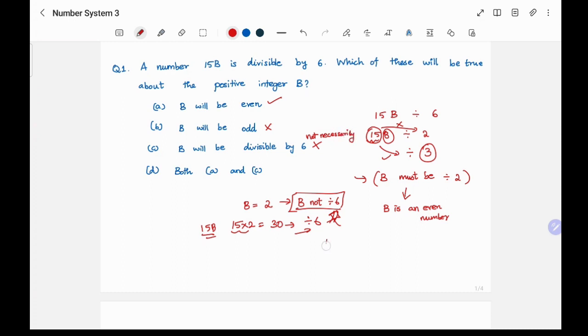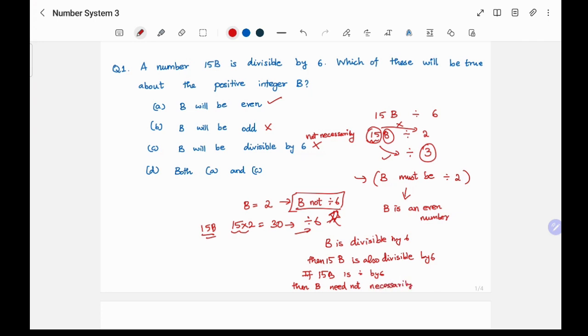The reverse is true. If B is divisible by 6, then 15B is also divisible by 6. But the opposite, if 15B is divisible by 6, then B need not be divisible by 6 necessarily.